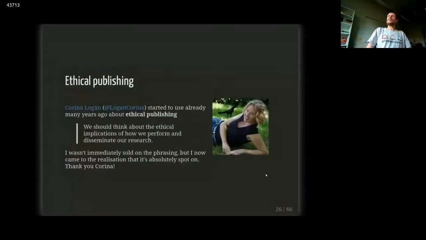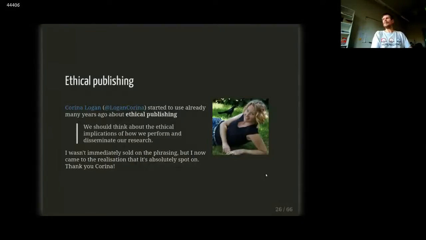And I think another way of thinking about the way we disseminate our work is to think about it in terms of ethical publishing. And Corina Logan was the first person that I heard talking about ethical publishing. And the way to frame this would be to say we should think about the ethical implications of how we perform science and how we disseminate our research.